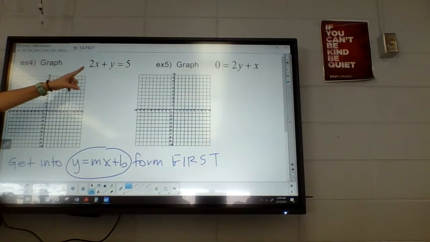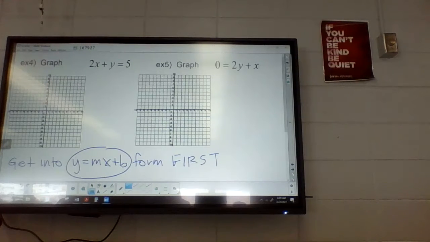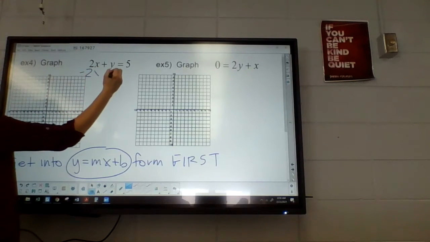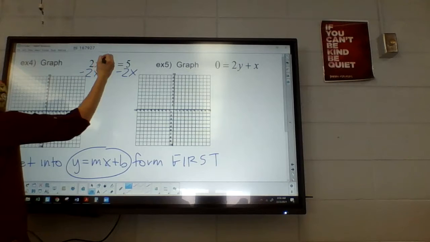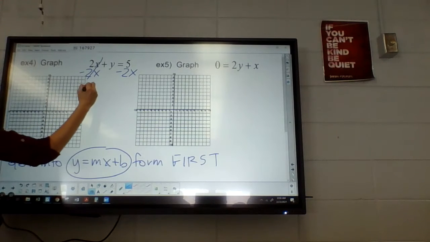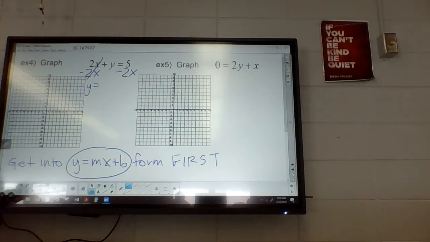So in this problem, the y is not alone. We want y to be alone. So how do I get y to be alone? We did this last chapter. Yeah, we're going to subtract 2x. Now, when I subtract 2x, these two don't go together, but I'm going to be strategic about how I write it. I'm not going to write 5 minus 2x. Why won't I write it that way?